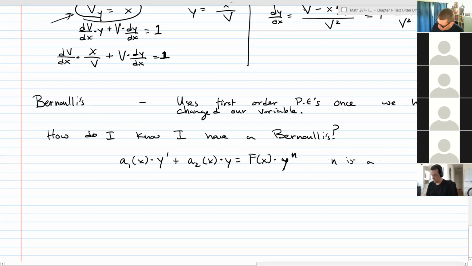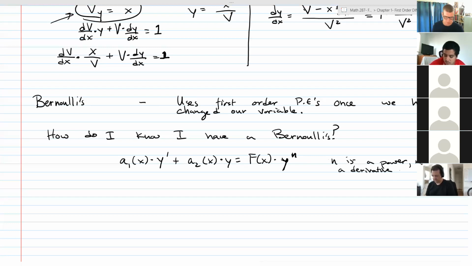N is a power, not a derivative. So if we have something of this form, then we're actually going to be able to utilize Bernoulli's.